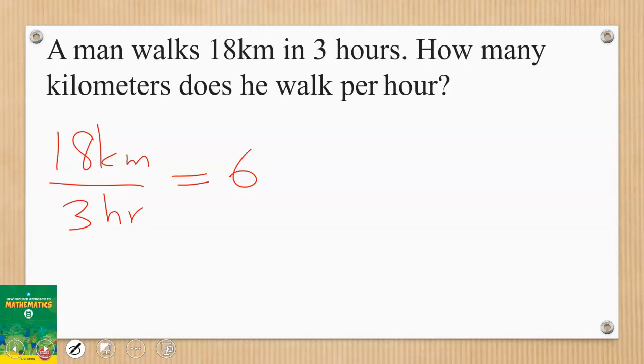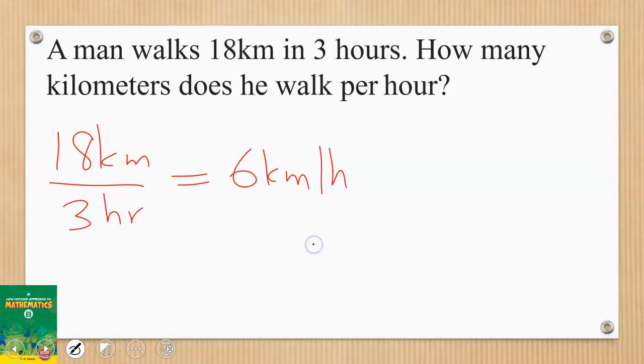So he walks 6 kilometers per hour. And when we talk of kilometers per hour, it comes with the word speed. That means the man's speed is 6 kilometers per hour.